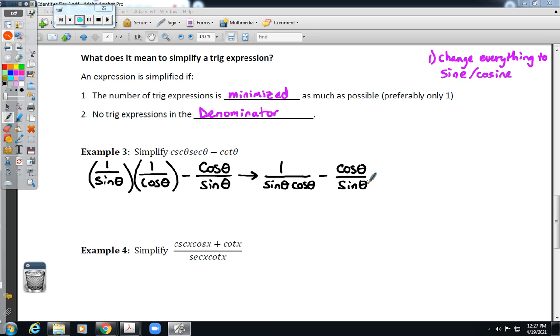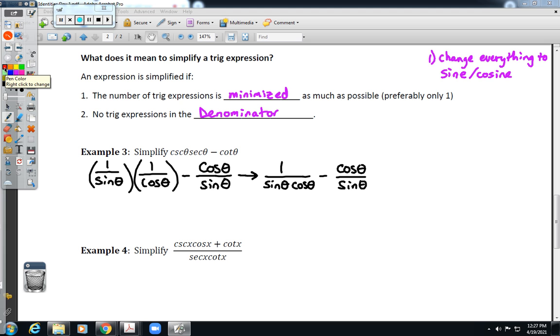Okay, now we are going to do common denominator so that we can combine those two expressions into one. So a common denominator for these two fractions, we've got a sine in both, but we only have a cosine in the first one, right? So we need a cosine in the second fraction.